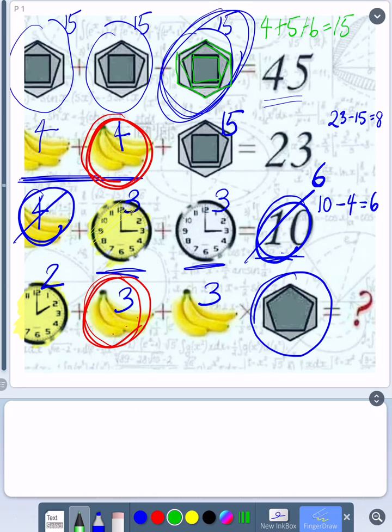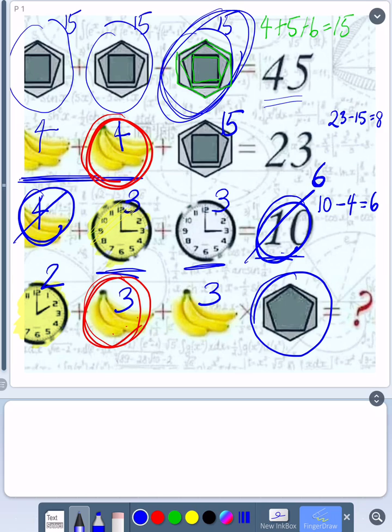So it is very consistent, in the sense that every picture will represent a certain value. Likewise for the clock, 3 o'clock represents 3, 4 bananas represent 4, and therefore this 5-sided shape will represent 5.